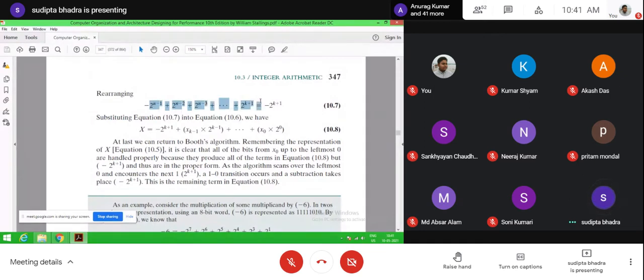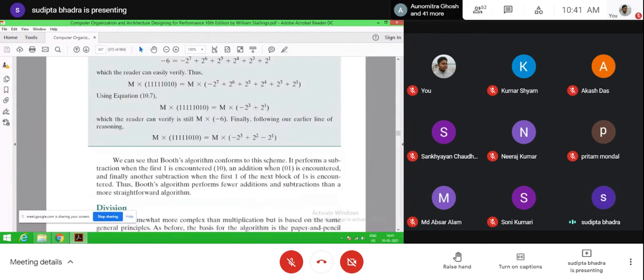So instead of that, if you use the 10.7 equation, all these terms will represent minus 2 to the power k plus 1, which will give you this particular thing where one addition and one subtraction happen.